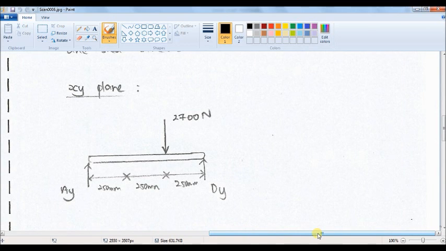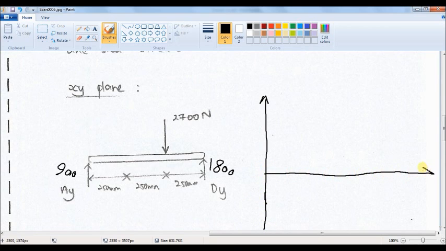Okay, in order to do that, we can follow this step. First, I will write down here the Ay, which was 900 Newton, and Dy 1800, correct? And if I draw a diagram here, X, shear force V in terms of Newton.